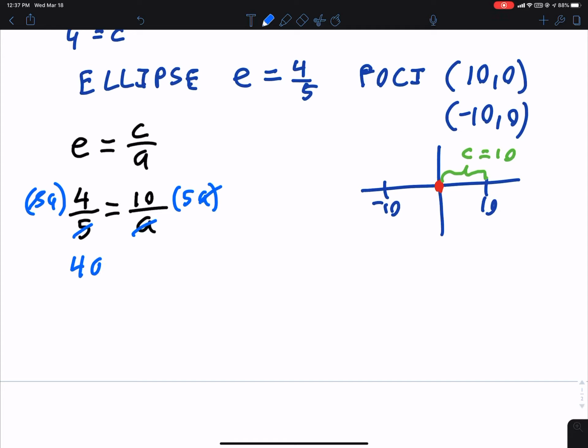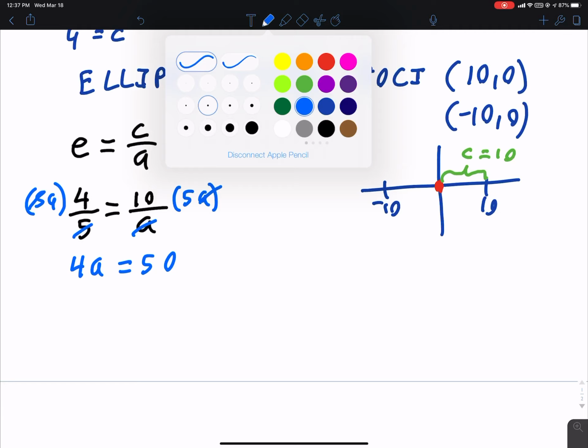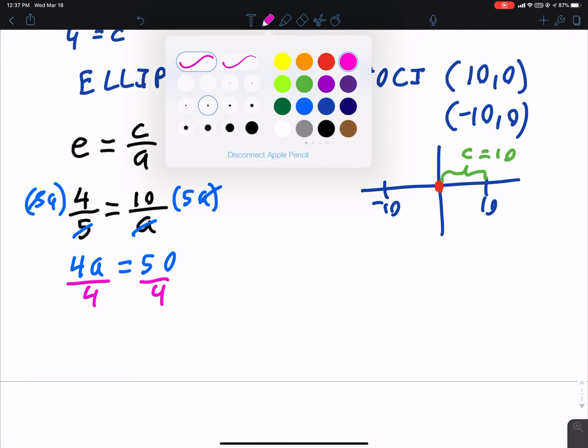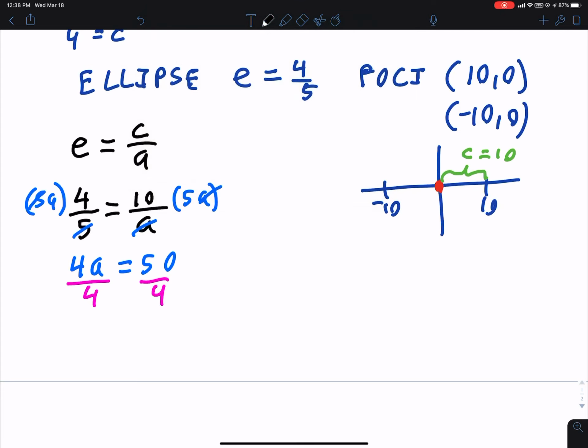We get 4A equals 50. Divide both sides by 4. And we get our final answer. A equals 25 over 2. Kind of ugly, but we'll have to deal with it.